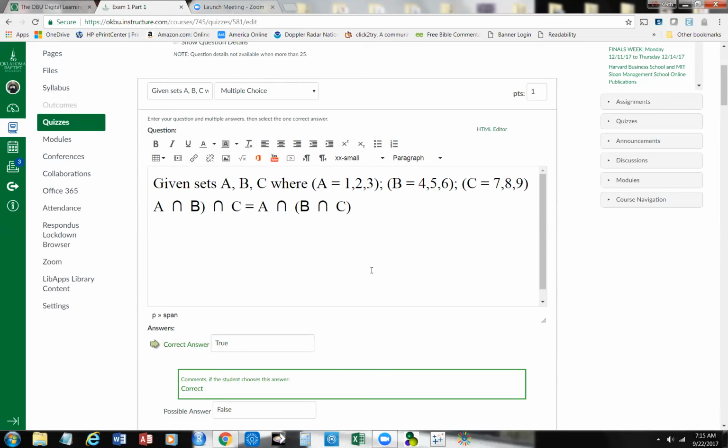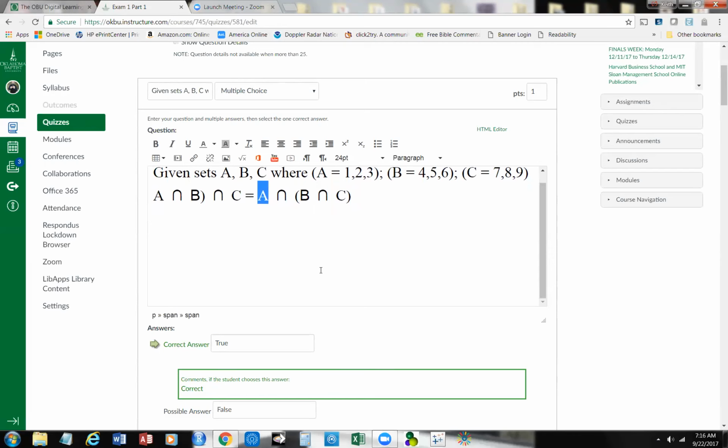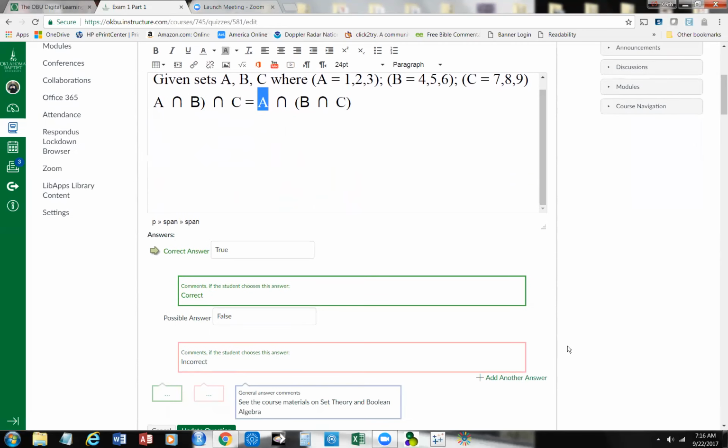Okay? So it's a true answer, because this section is talking about A as an intersection with the union, with the intersection of B and C. B and C share no items. So that's an empty set. And then there's nothing that intersects there. So the answer in that one is true. Okay.